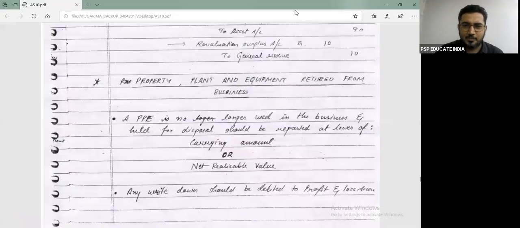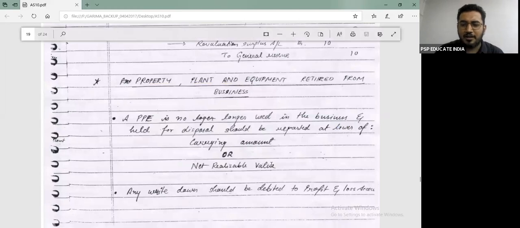Right? See what they have explained over here. A property, plant and equipment no longer used in business and held for disposal should be reported at the lower of carrying amount or net realizable value.